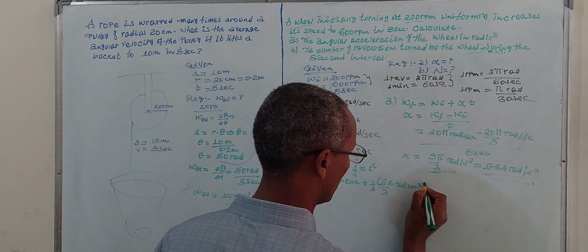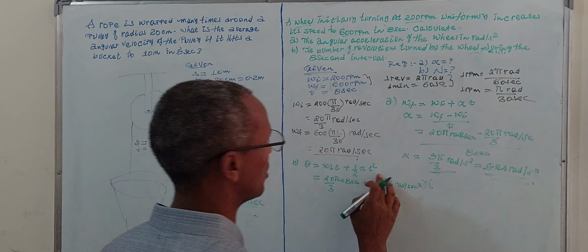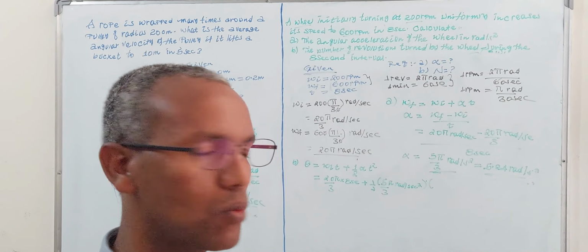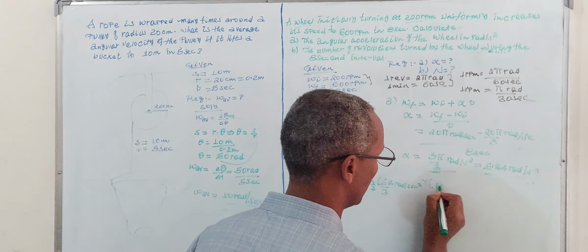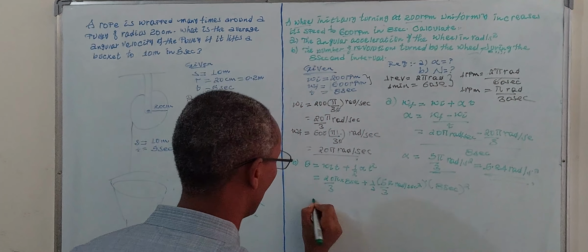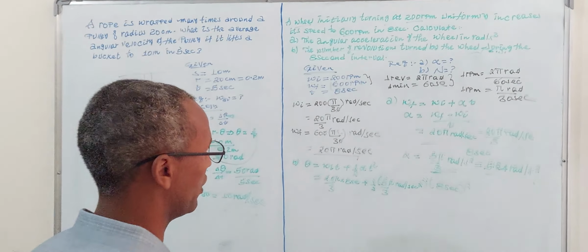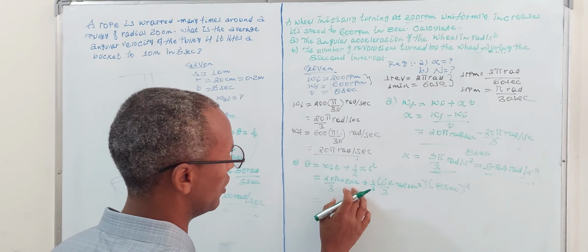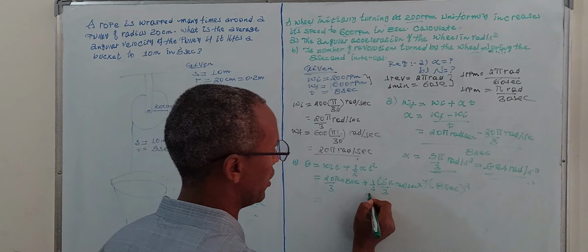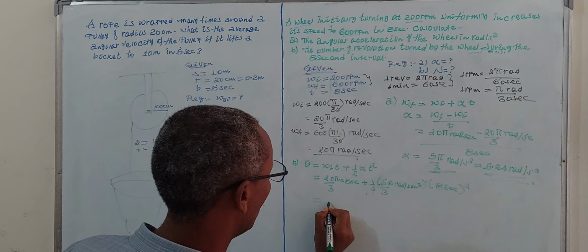This is rad per second squared multiplied by the time taken, 8 seconds, so 8 squared. When you square it, you get this, and let me simplify this first.